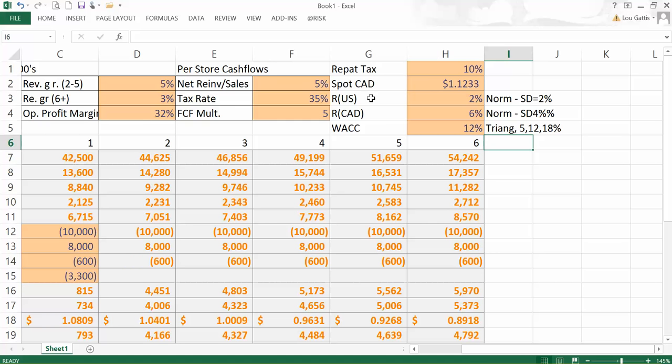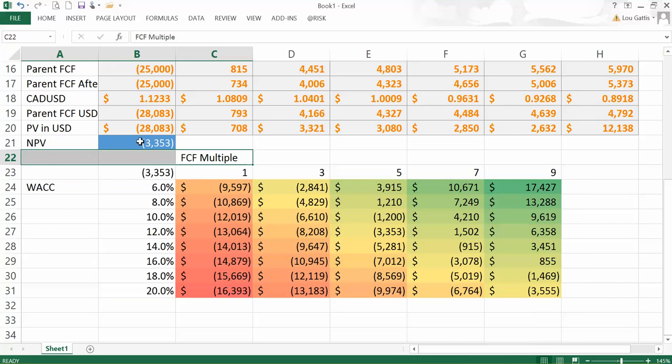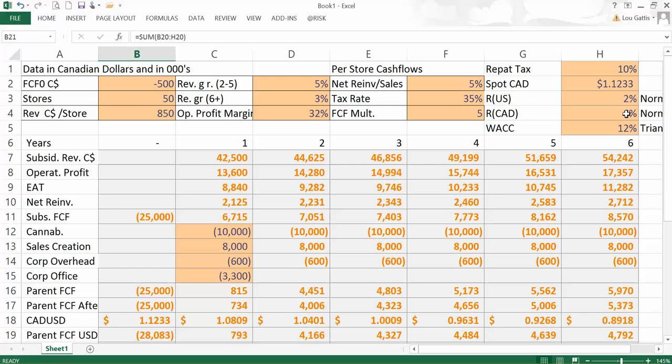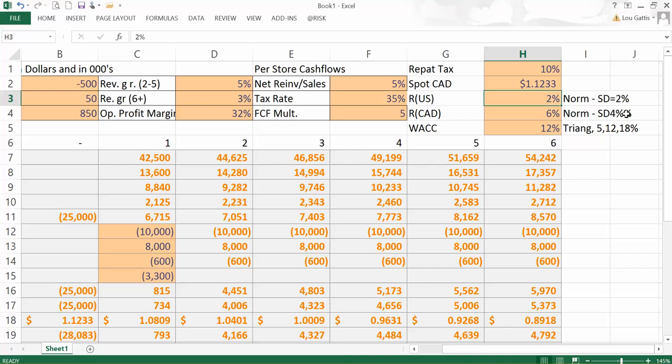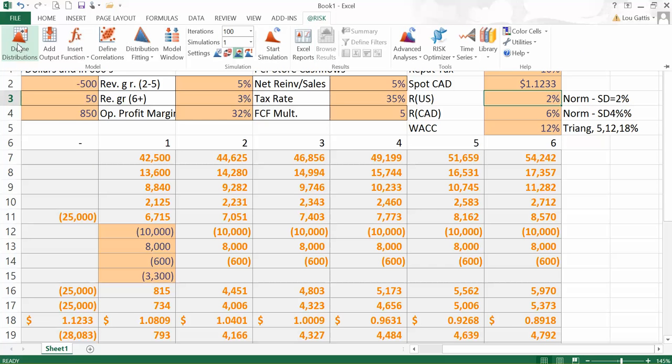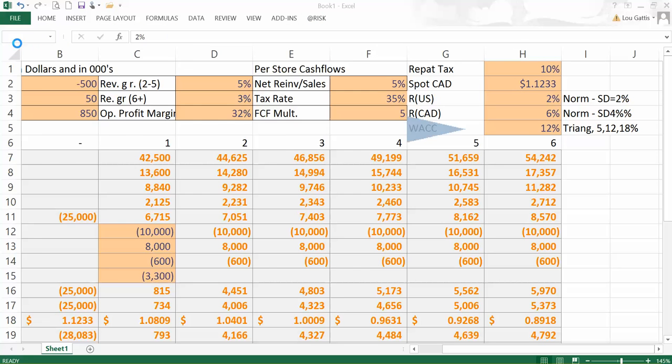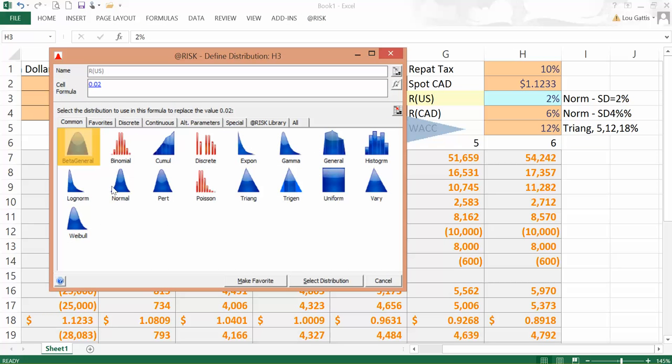So we're going to input these as 3 inputs to @Risk. Our output will be NPV, and we'll run a simulation and see the probability that the NPV is positive given these 3 variables.